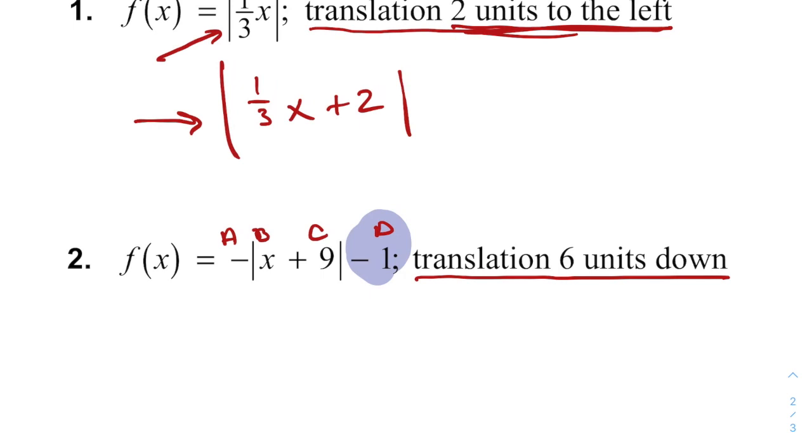Everything else stays the same. A negative absolute value, x plus 9 absolute value. Now in order to shift it down 6, we would have to do -6. Now it's already -1. So when we have -1 and then we translate it down 6 more units, it becomes -7. And so this would be my new function.